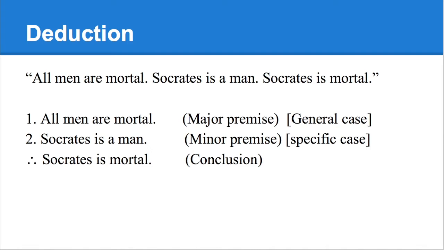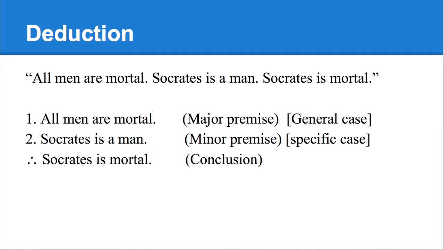So this is a minor premise, and it's a specific case. We now are just talking about one individual, and we've put that individual in the class of things that are people or men. So now that we know that all men are mortal, and Socrates belongs to that category of things, men, we can conclude that Socrates is mortal.